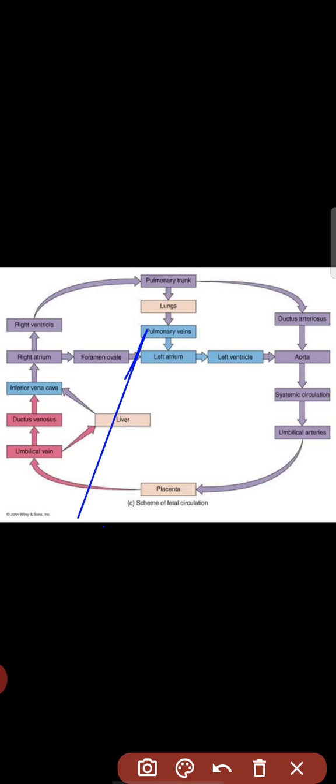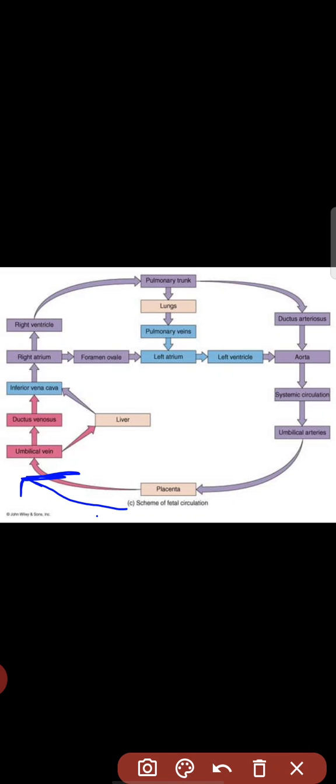First of all, the placenta gives the oxygenated blood to the fetus with the help of the umbilical vein. Here is the umbilical vein, which is the connection between the placenta and fetus. The fetus takes the oxygenated blood from the umbilical vein.